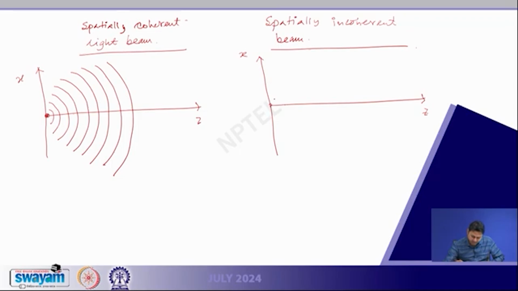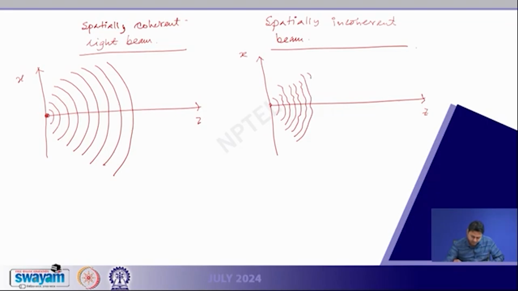The light will propagate and then suddenly there will be a phase distortion and it will be like this.